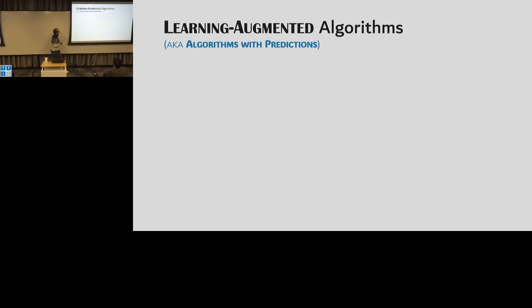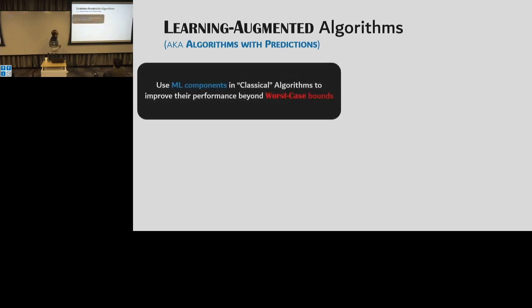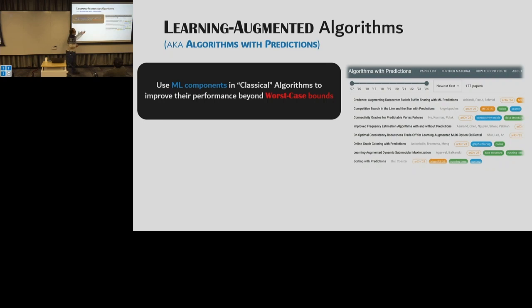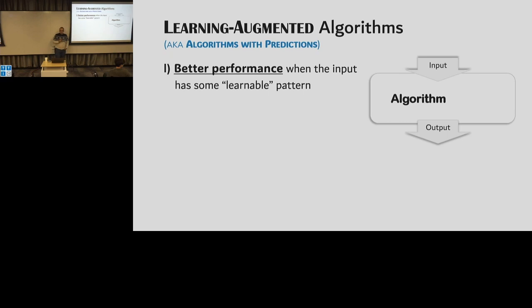Okay, so let me start with learning-augmented algorithms. Here the idea is to use an ML component in classical algorithms to improve performance beyond the worst-case guarantees. It has been very popular recently, and there's a repository collecting all recent work on this topic, called Algorithms with Predictions. If you're interested, you can check it out. Here is the high-level description.